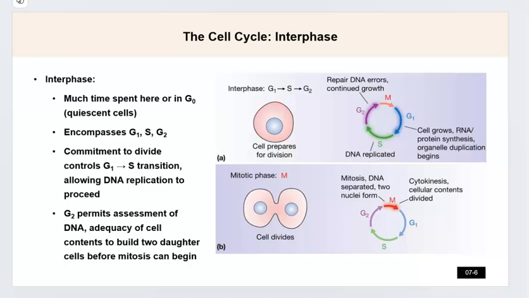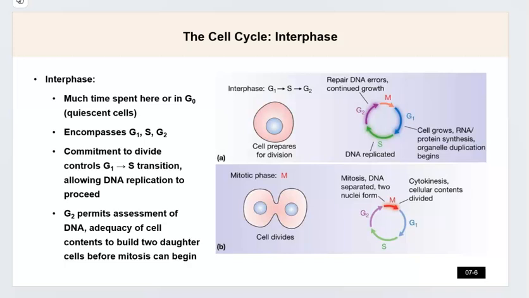So in B, this is the mitotic phase, the M phase, and this is the process by which the DNA is separated and it's going to form two nuclei. So let's review interphase again. Interphase is where we go from G1 to S to G2.